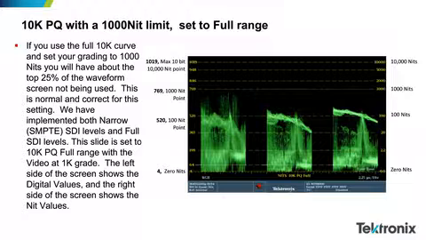The area from 51% to the top of the screen, which would be 10,000 nits, is reserved for the specular highlight room. But most monitors can't do that, so most of the grading is done today at about 1,000 nits as the typical average. So the range from 51% to 76% then would be for specular highlights.